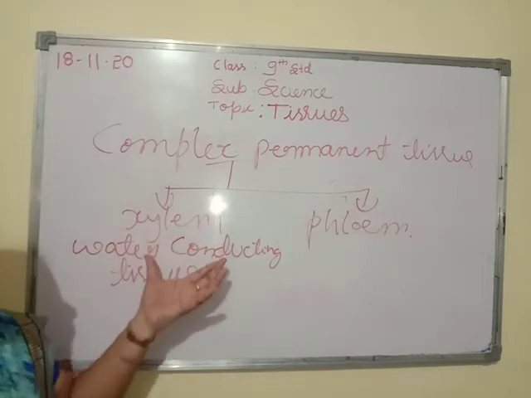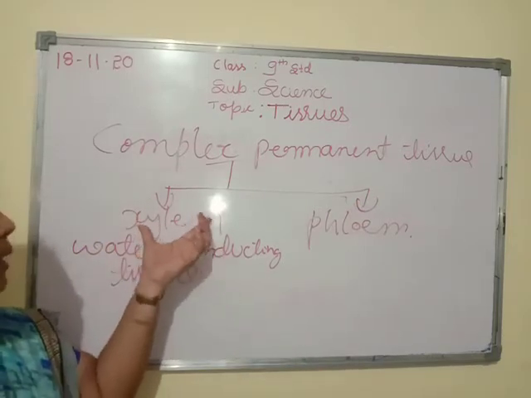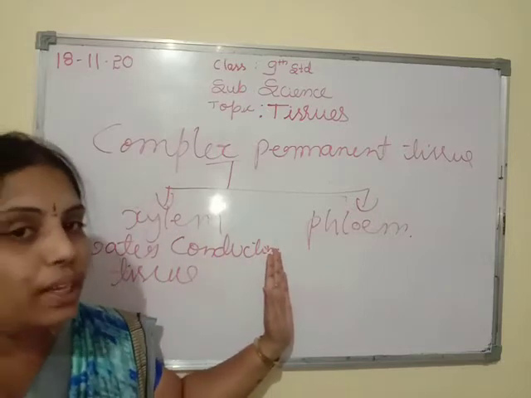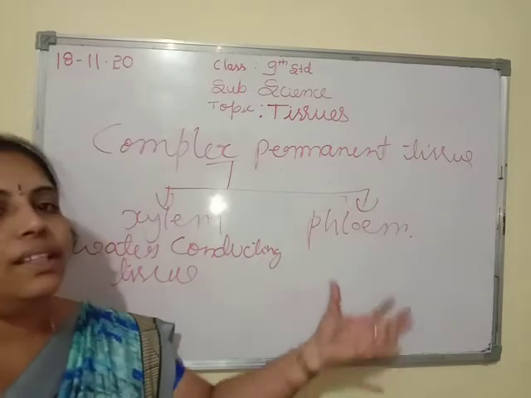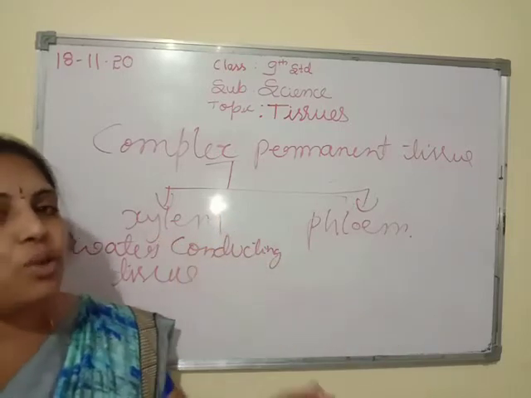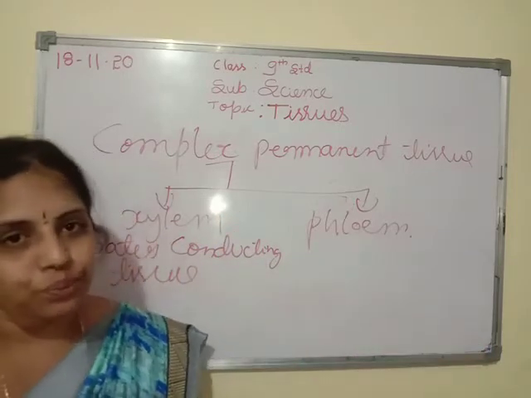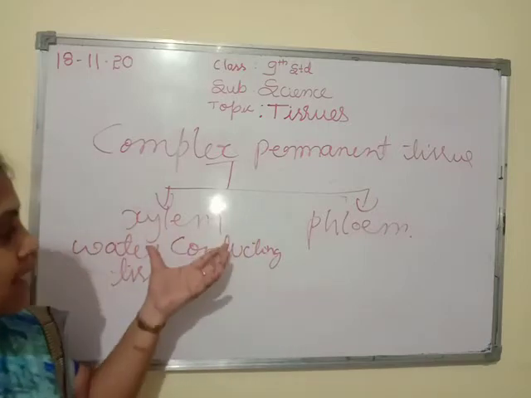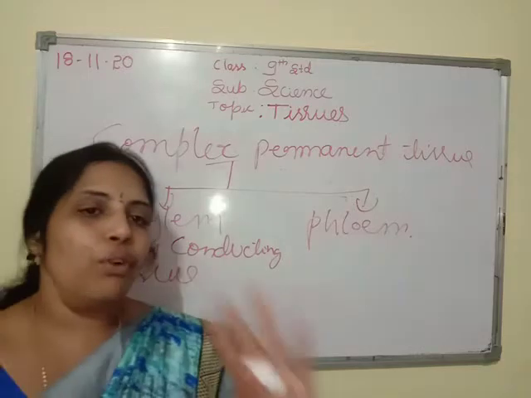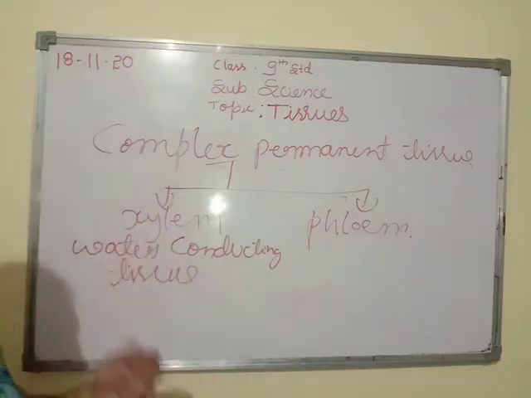So namely it is known as the xylem tissue. You know the meaning of tissue: many cells together form a tissue. So what cells are there in the xylem tissue? There are types of cells in xylem tissue.